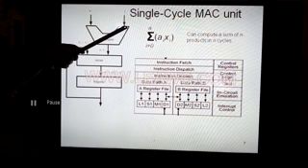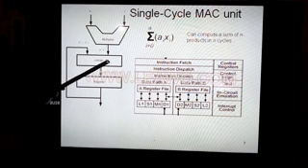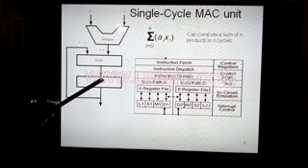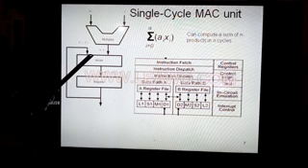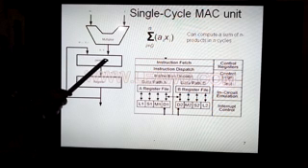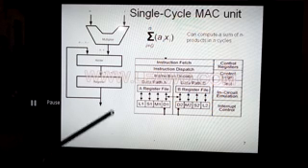See here, in one cycle how it is executed: whatever is the coefficient is multiplied by this signal, then after multiplication the product is added to the previous result, and then by shifting it is stored in the result, and then again by shifting it is utilized for the addition into the next partial product.